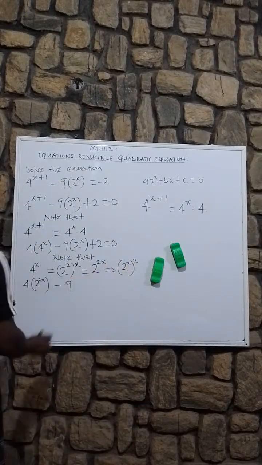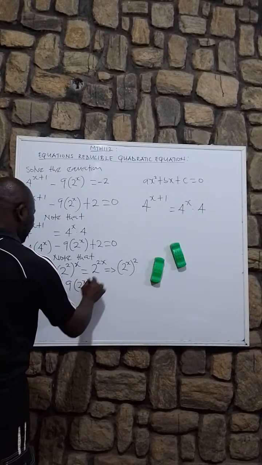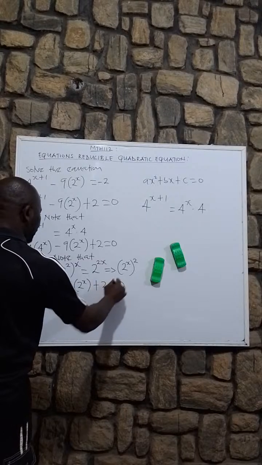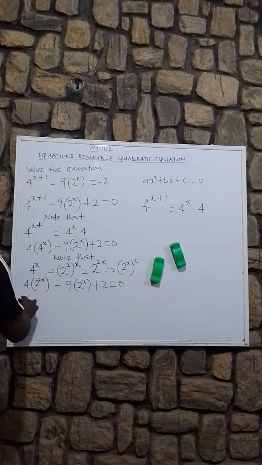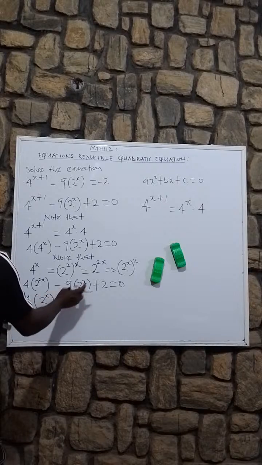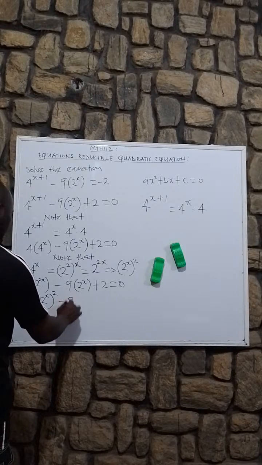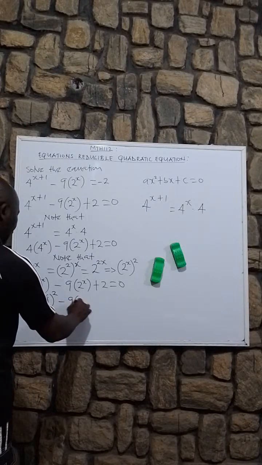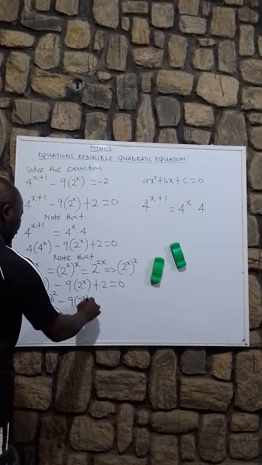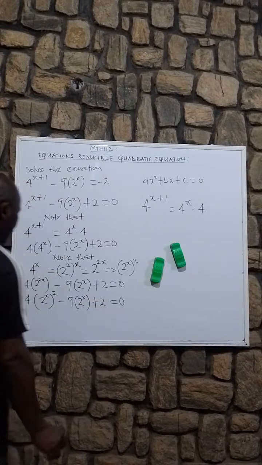It's the same thing. Okay, 2 raised to the power x plus 2 equals 0, right? So 4 open bracket 2 raised to the power of x, so that we will have the same thing, minus 9 open bracket 2 raised to the power of x plus 2 equals 0, right?